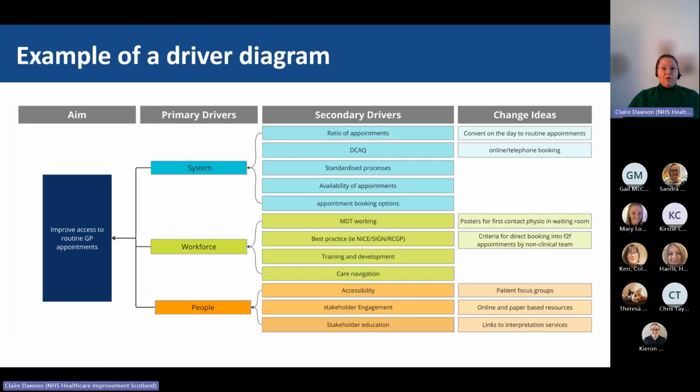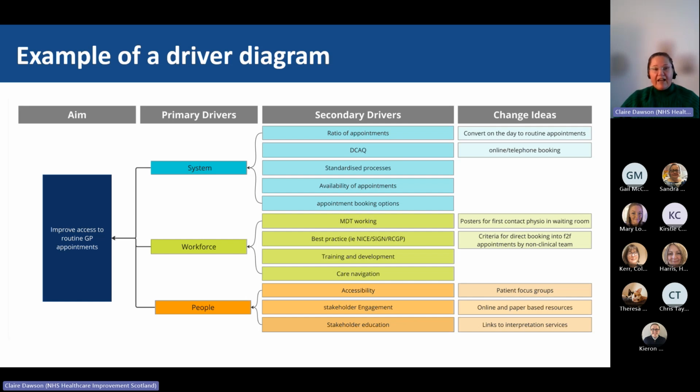So this is an example that we've pulled together of a driver diagram from a primary care context. Apologies, it's small, but we will share these slides afterwards so you can begin to have a look at it in more detail. So sometimes driver diagrams can look very busy. They can have lots of information on them. We would recommend 3 to 4 primary drivers.